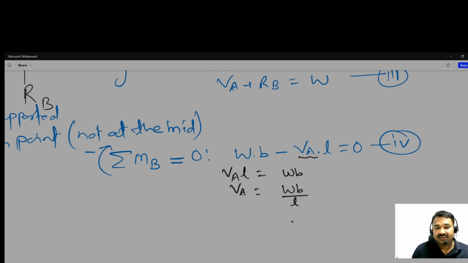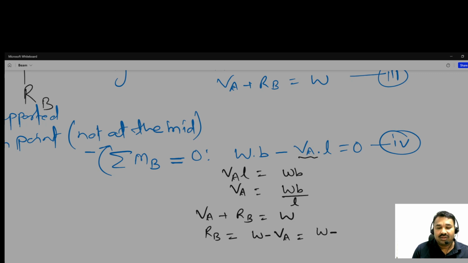Now by putting this in equation 3, what is RB? VA plus RB is equal to W, so RB is equal to W minus VA.